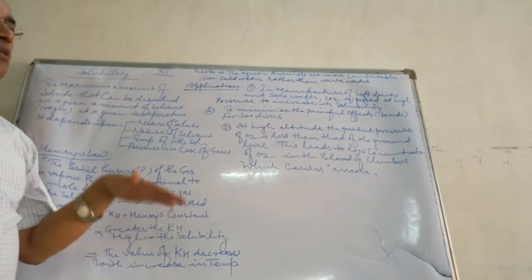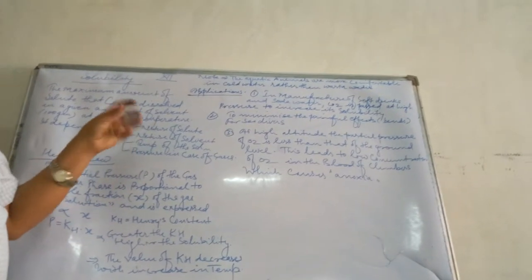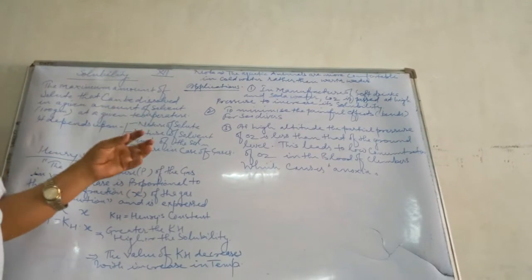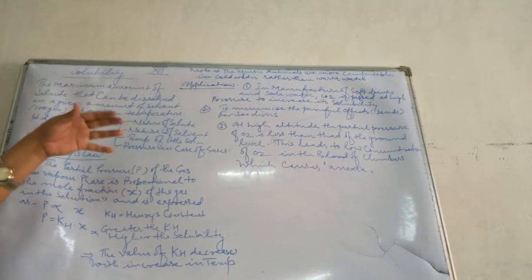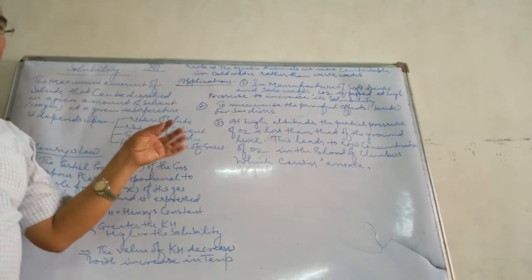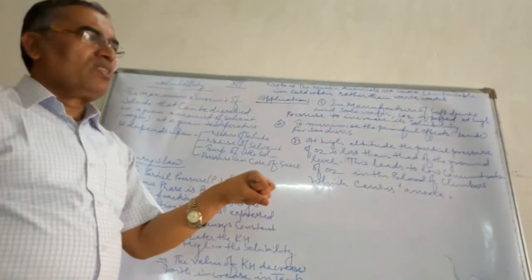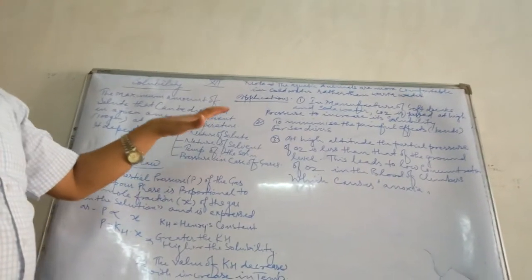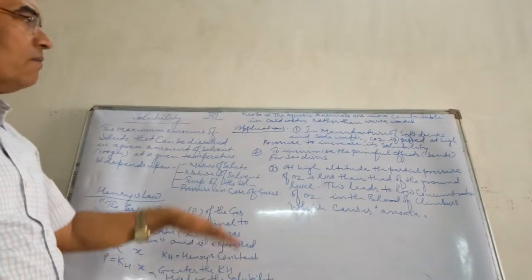There they feel very high pressure, and they feel bends, meaning painful effects in their bodies. So they carry with them a cylinder of oxygen mixed with helium gas, and that keeps the volume of blood vessels normal, and that is why they can exist at the high depth level.